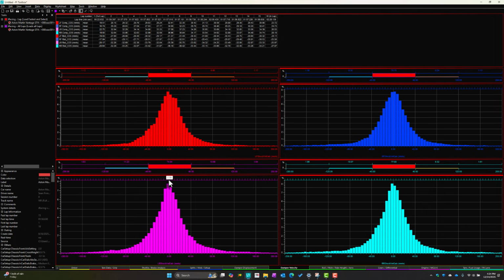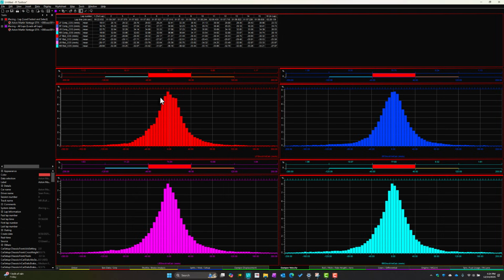Well, there's a couple of things. One, you do want this nice shape. I should point out, this is speed of the shock. This is shock moving slowly. This is shock moving very quickly.